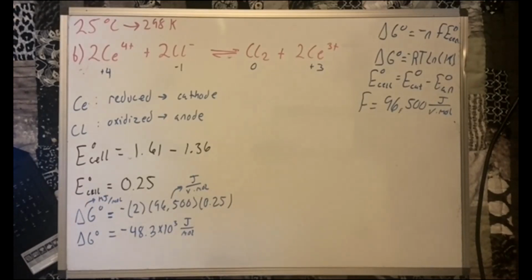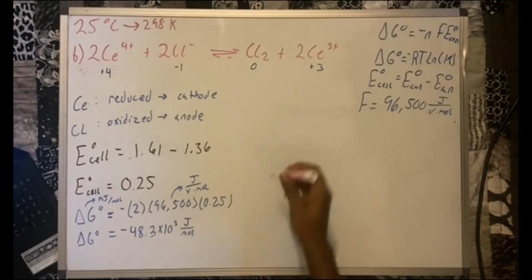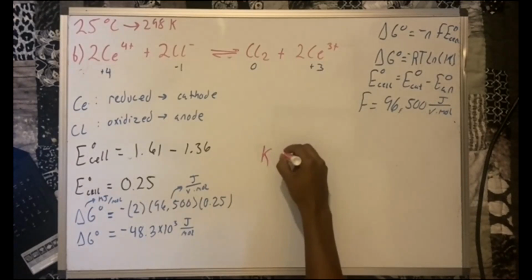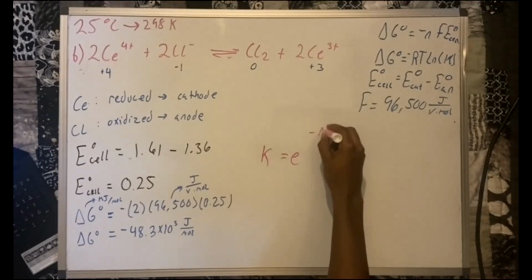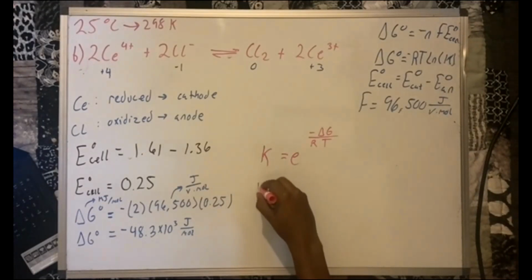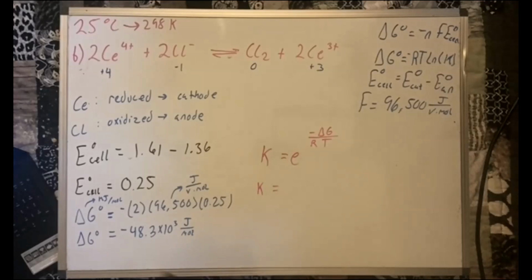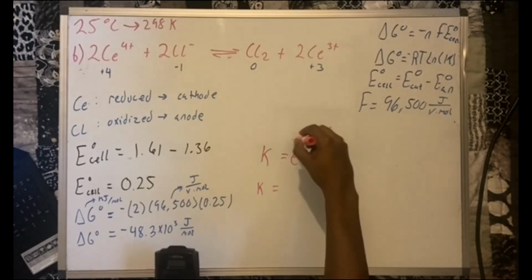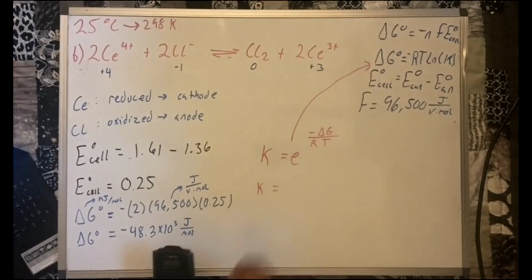Okay, we have our delta G now. And I'm going to rewrite my K. So K is e to the negative delta G over RT. This is just me rearranging that. So negative delta G over 8.314 times 298.